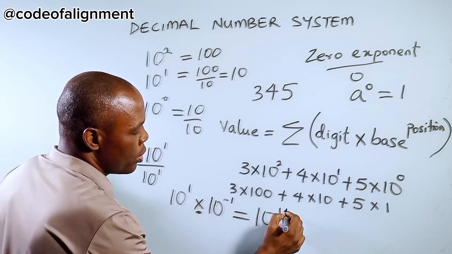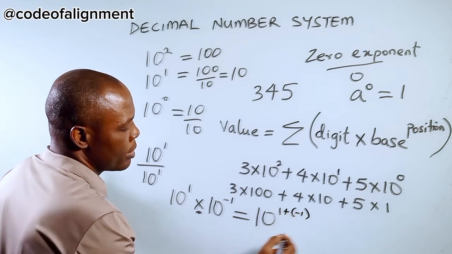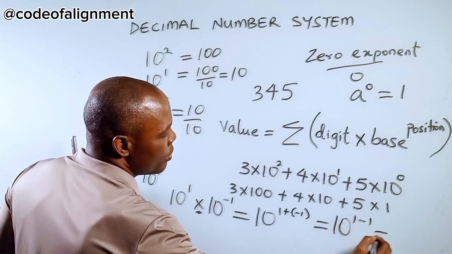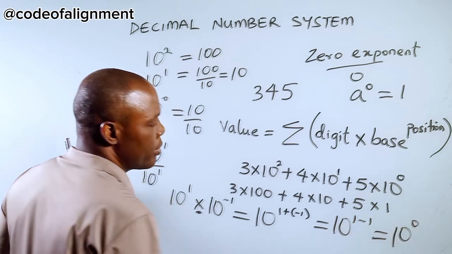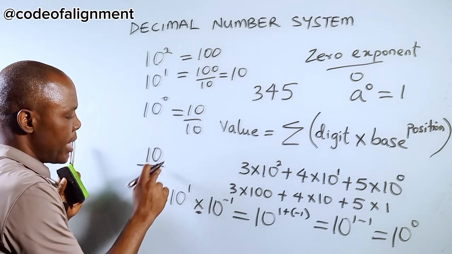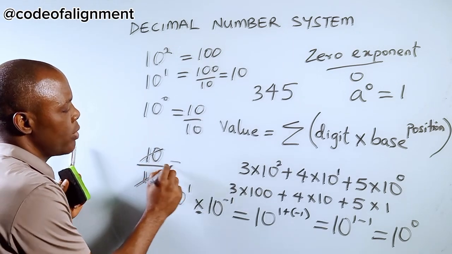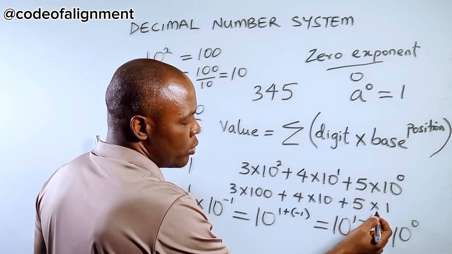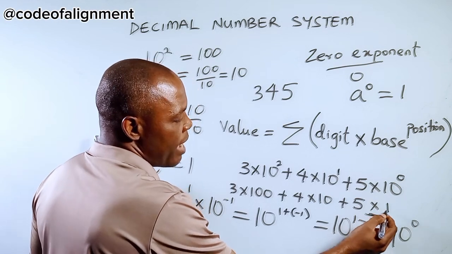So plus minus 1 gives us 10 raised power 1 minus 1, which is 10 raised power what? 0. Right? And you know that 10 divided by 10 equals what? 1. That is how this 10 raised power 0 is giving us 1.